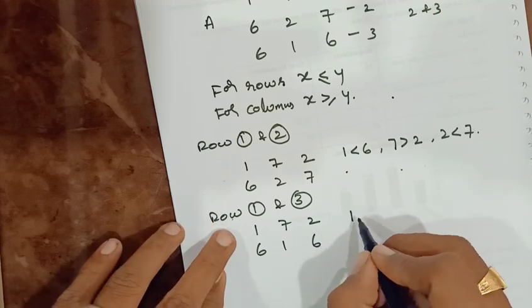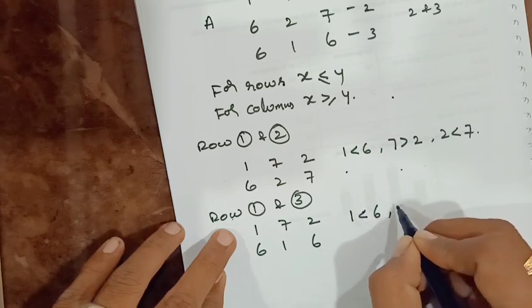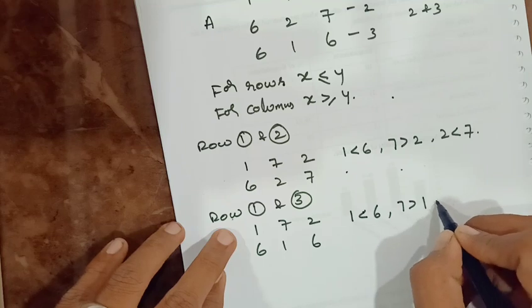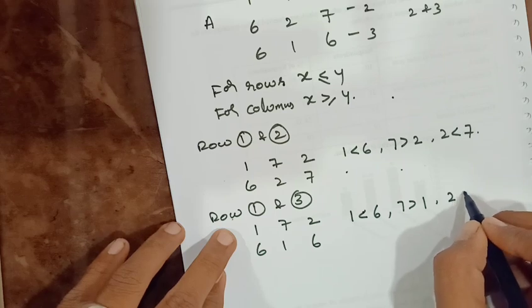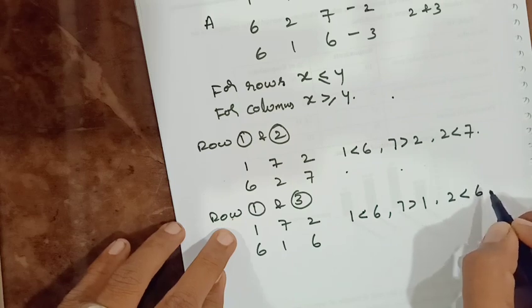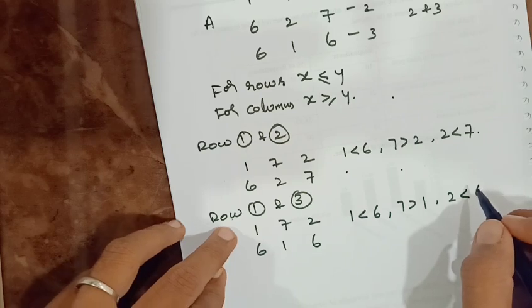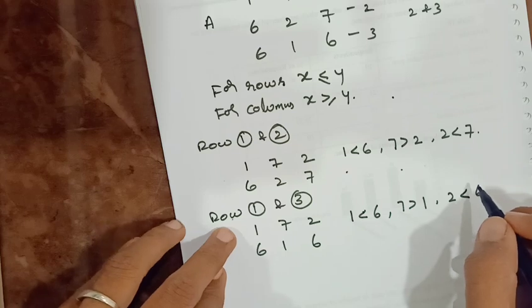So 1 is less than 6, 7 is greater than 1, and 2 is less than 6.